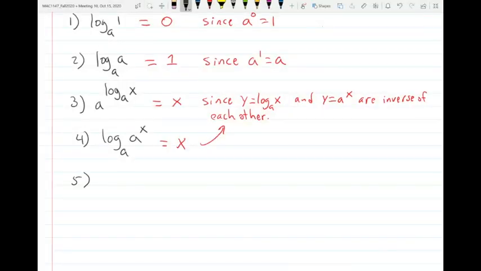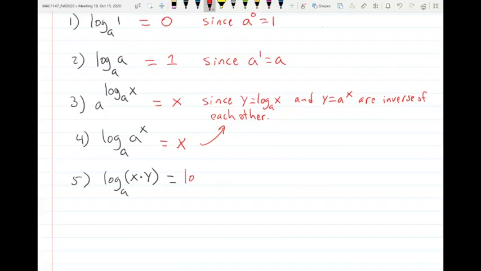Let's see. That property that we had on the exponential side, that says the product of exponentials with the same base, you add the exponents. Which one do you get on this side? Well, here it is. When you do the log base a of x times y, what do we get?